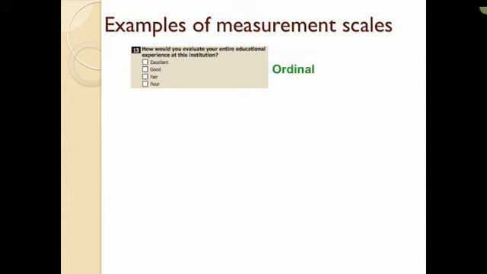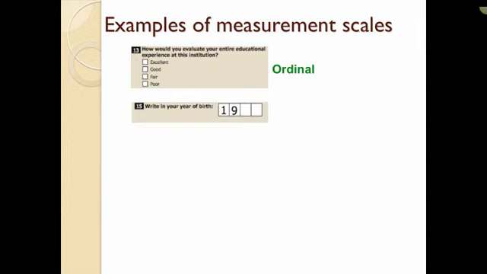So it would be ordinal, right? So these categories have names, as a nominal variable would, but they also have something more. They have an order, right? Like there's an order implied by poor, fair, good, excellent, and vice versa. It's relatively better to have a good experience than a fair experience, right? There's an order implied. So that would be an ordinal scale.